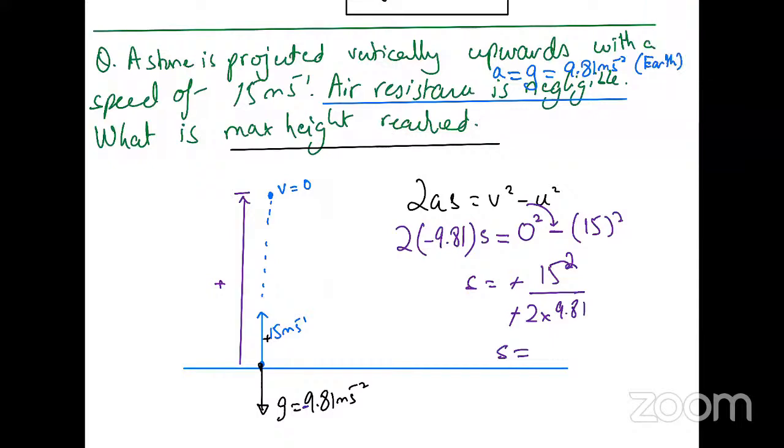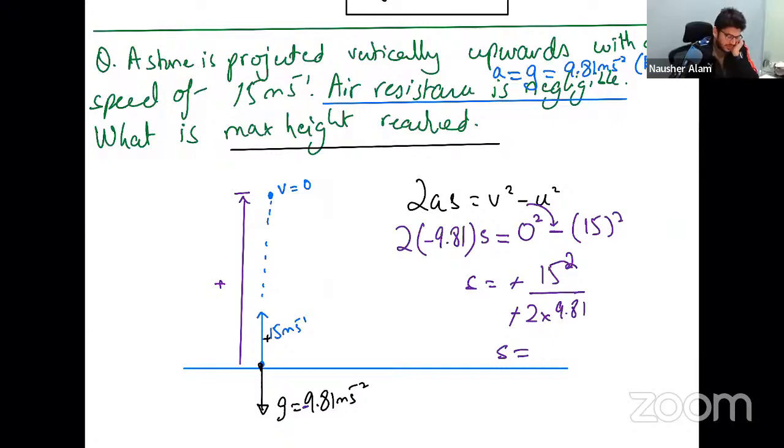Sir, since the object is moving against gravity, gravity acts downwards, right? The object is moving upwards. So why would the displacement be positive? हाँ, so मुझे बताओ, when I wrote this as plus 15, 15 was pointing up or down?